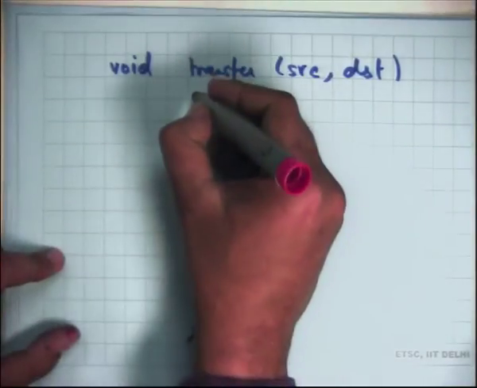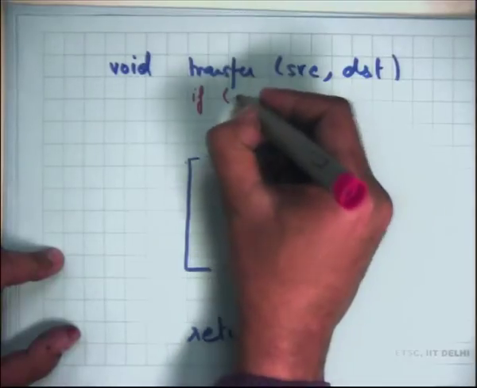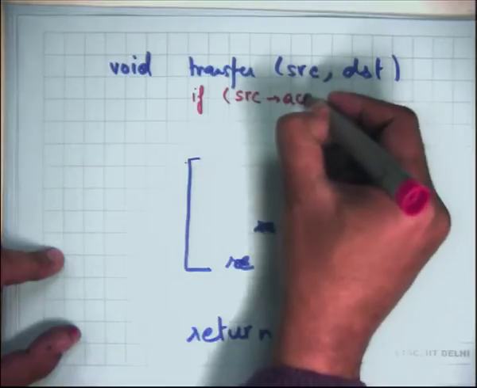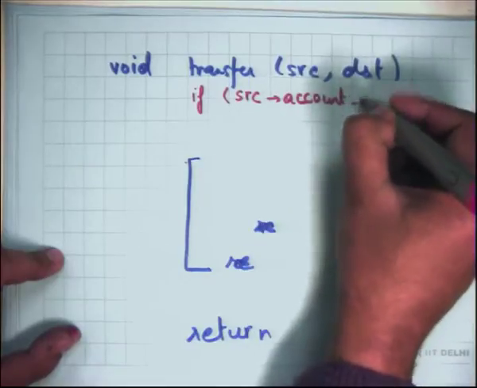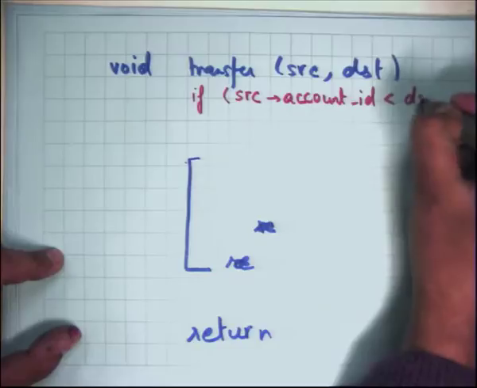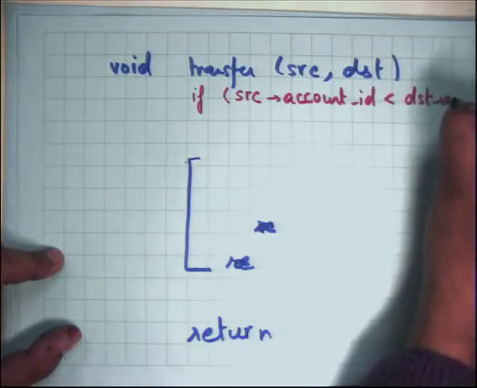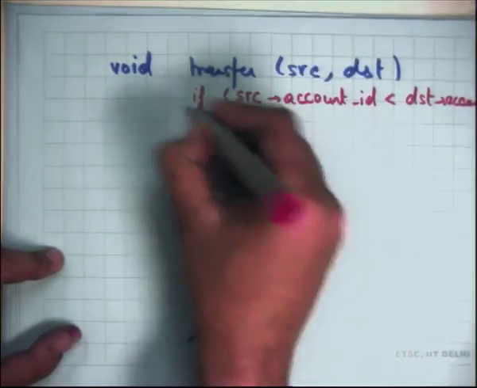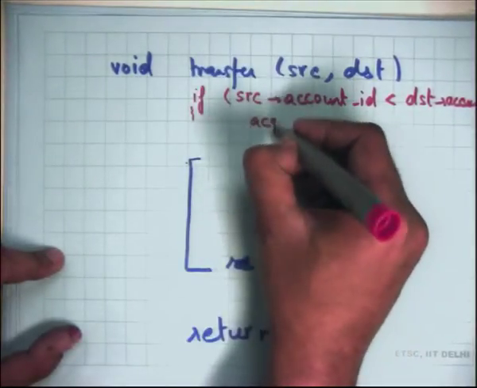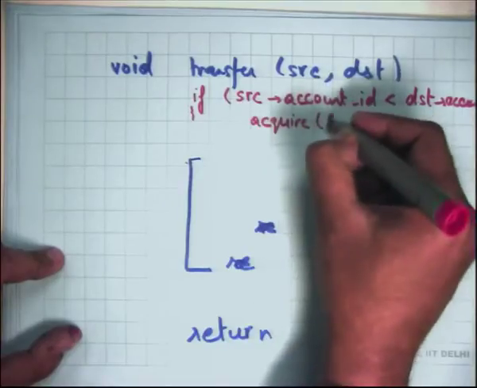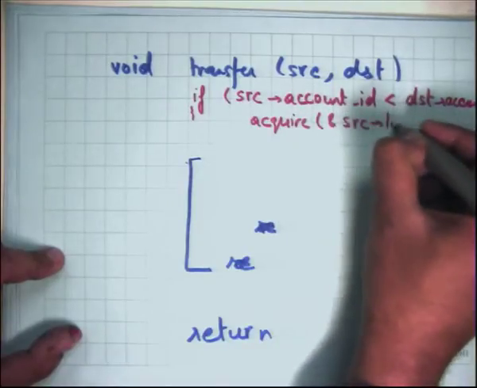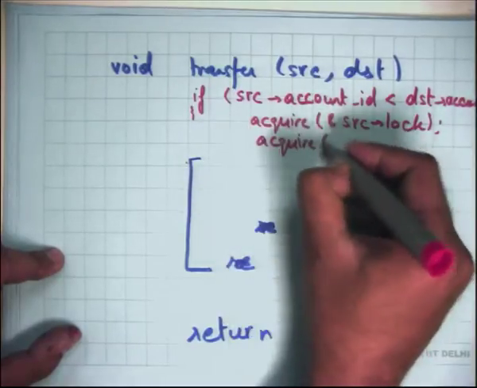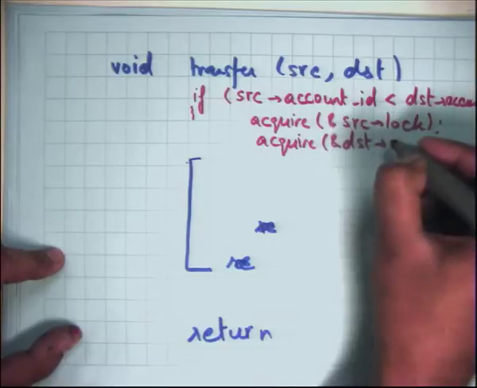So I may want to do something like this: if source.account ID is less than dest.account ID, then acquire source.lock, and then acquire destination.lock.